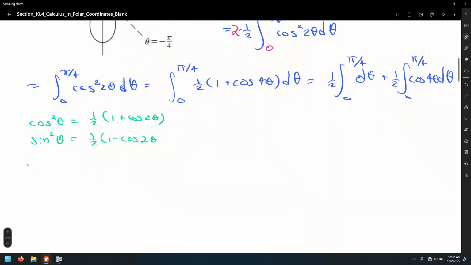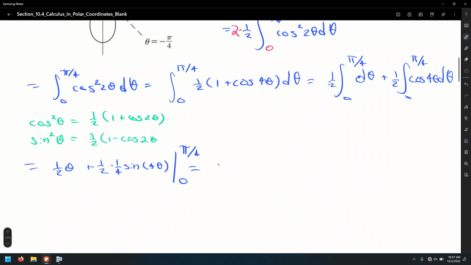So let me go over here below the identities. The integral of d theta is simply theta, or 1/2 theta because of the coefficient, plus 1/2 the integral of cosine, which is sine, and I'm leaving a space for that correction factor. When we integrate, that is 1/4. And this gets evaluated between 0 and pi over 4.